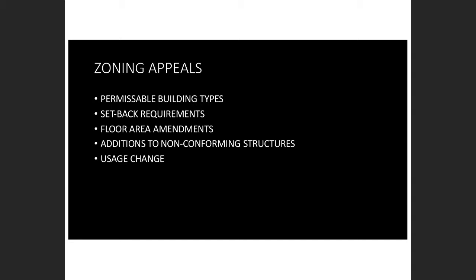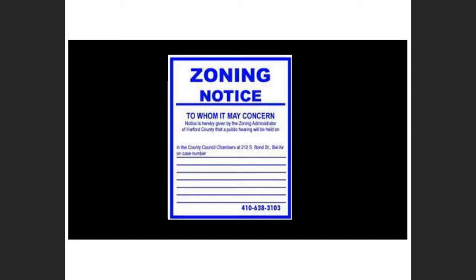But generally speaking, you as the property owner have the right to appeal to your village, your jurisdiction, for a change or a variance to the zoning of your parcel of land.